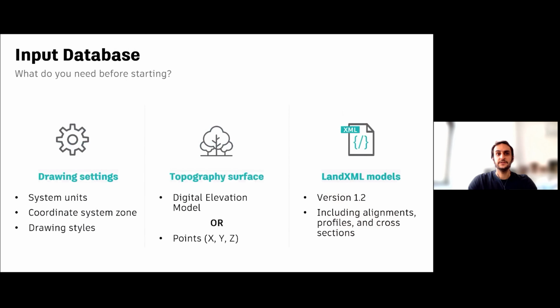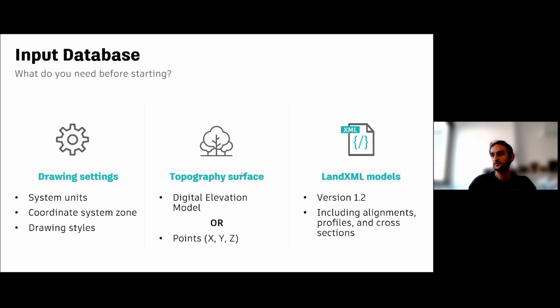So in the first step of the workflow, the input database, we are basically talking about three topics: the drawing settings, the topographic surface, and the LandXML models. The drawing settings is related to system units, coordinate system zone, and drawing styles.